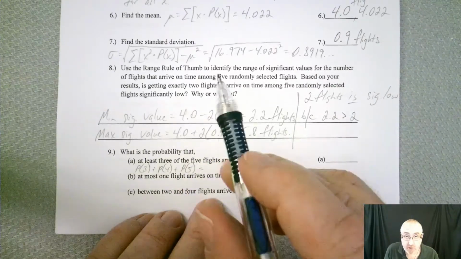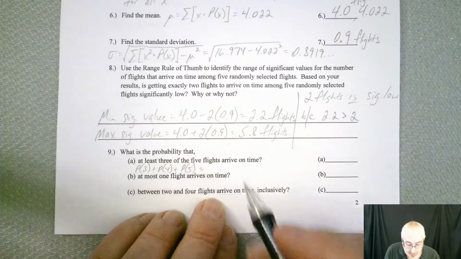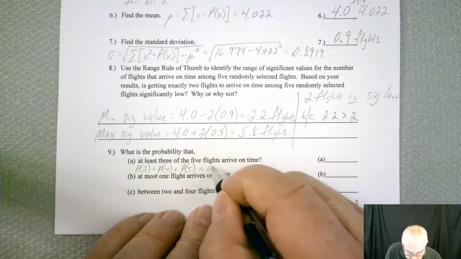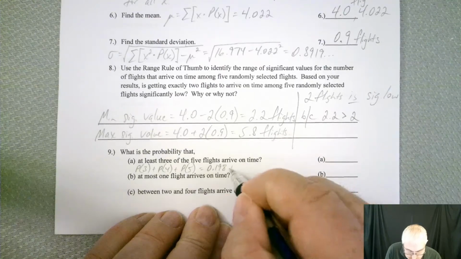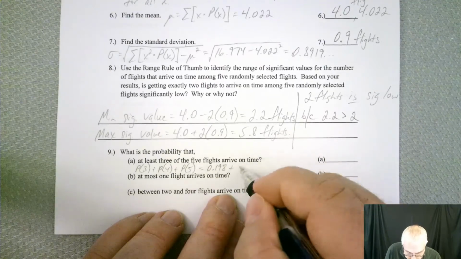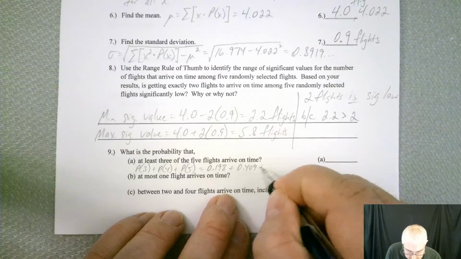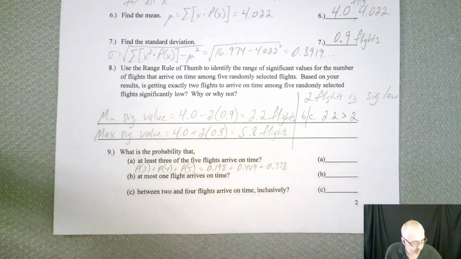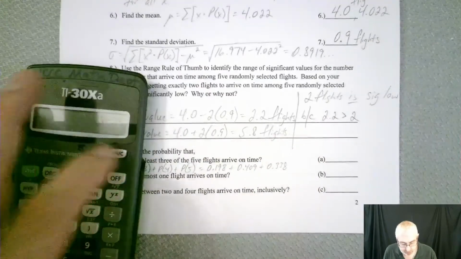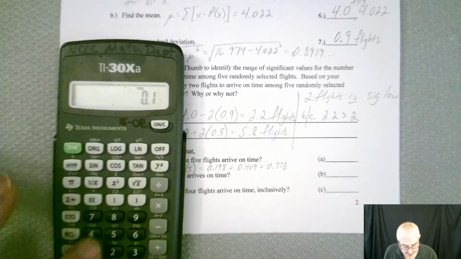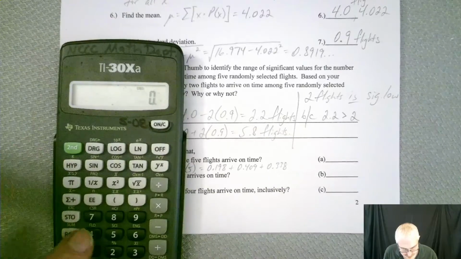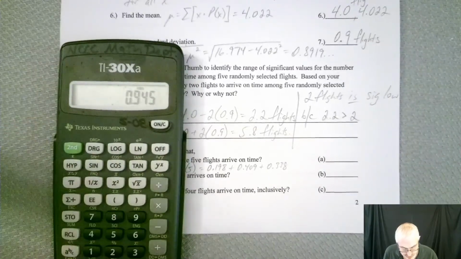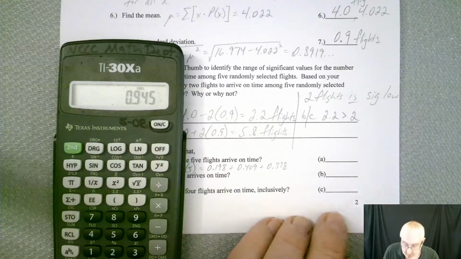So looking up at your table, the probability of 3 is 0.198, and then 4 is 0.409, and then the last is 0.338. So we have to add up all of those probabilities. So 0.945.